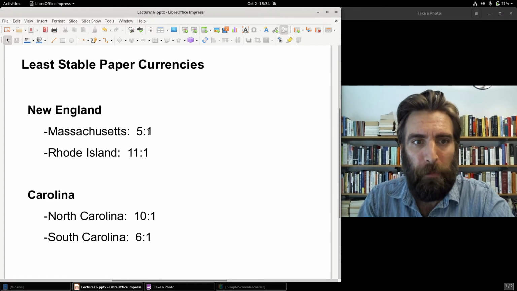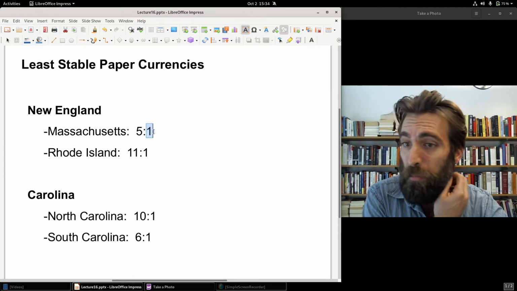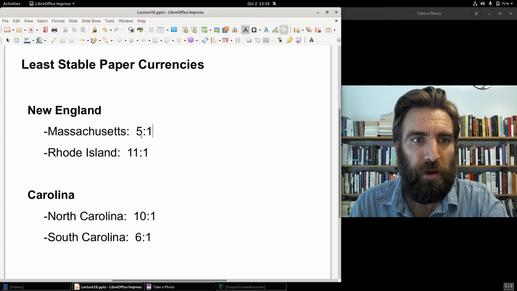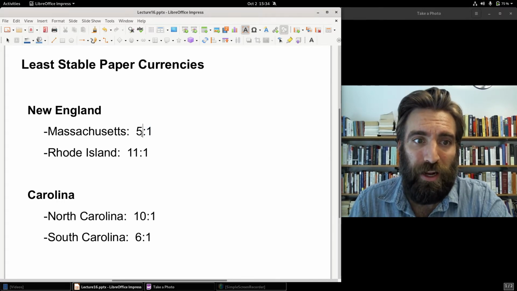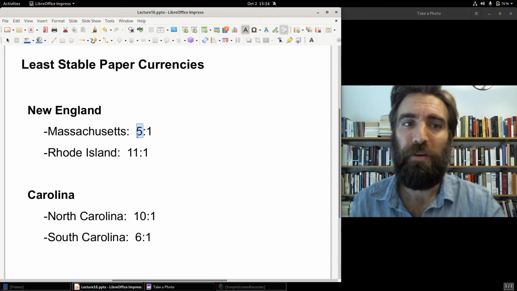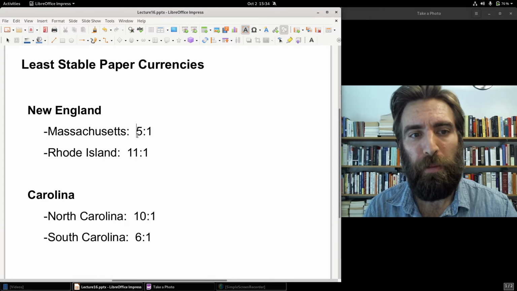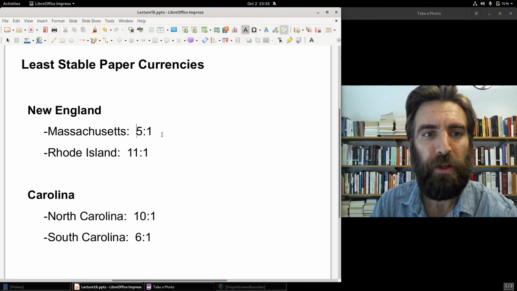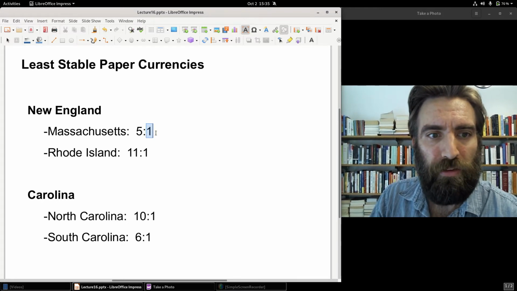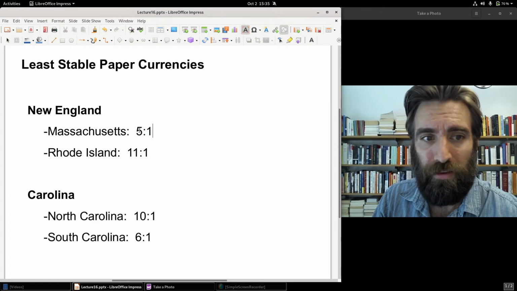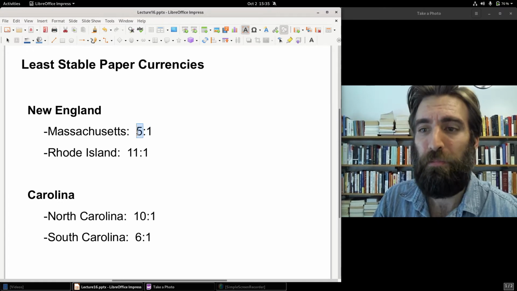Let me avoid the word pound because of the possible confusion over whether you're talking about the weight or the unit of account. Let's say you have 10 shillings worth of coin. To purchase that in the marketplace, you needed 50 shillings of paper notes.